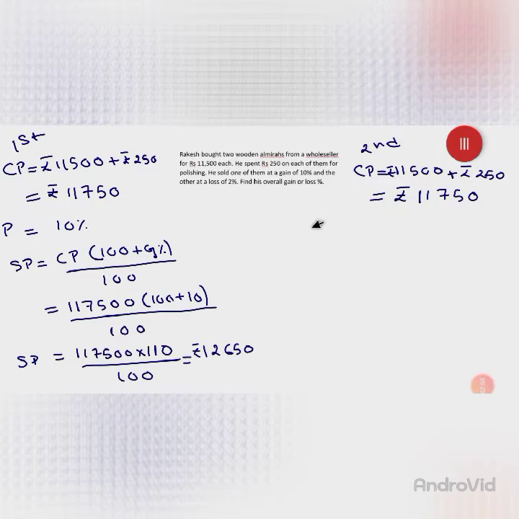Now let's find the selling price for second almirah. Here second almirah is sold for the loss of 2%. Okay, so loss 2%. Now we use the formula of finding selling price in case of loss.